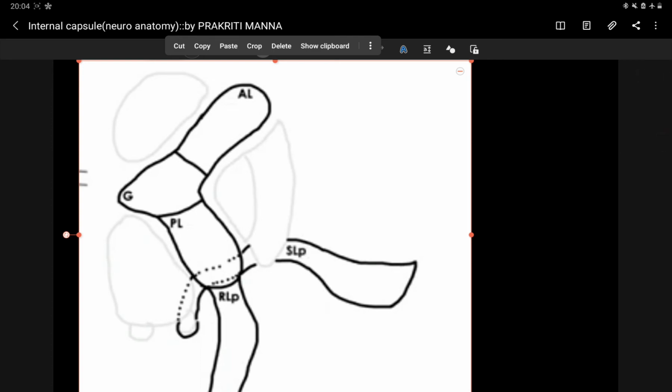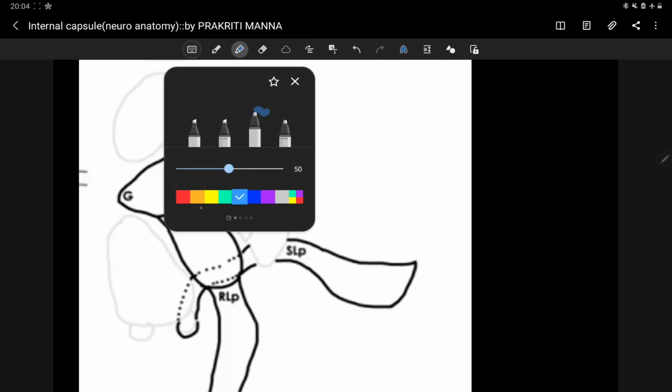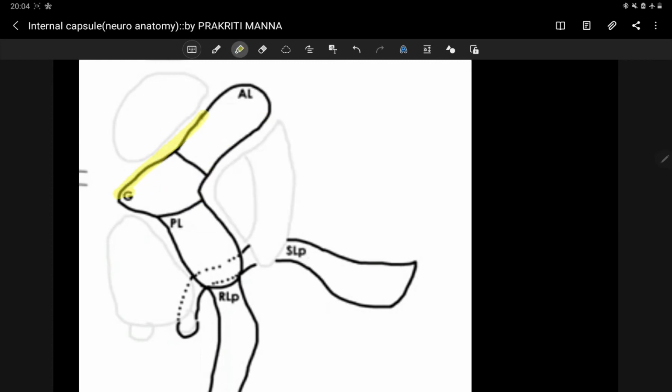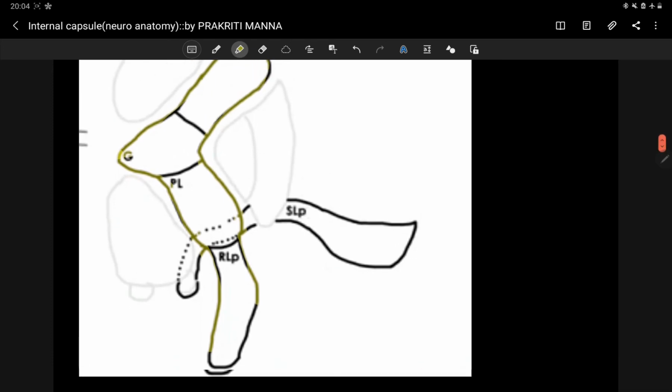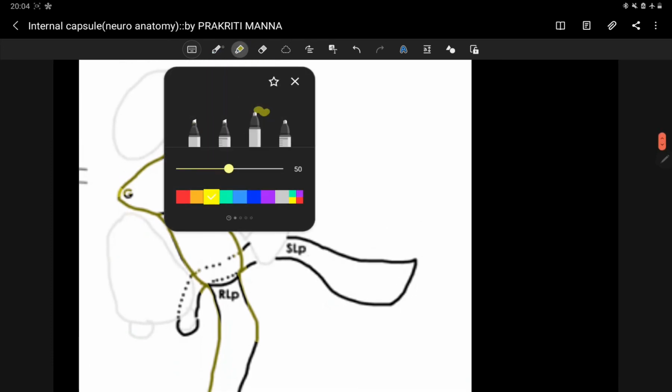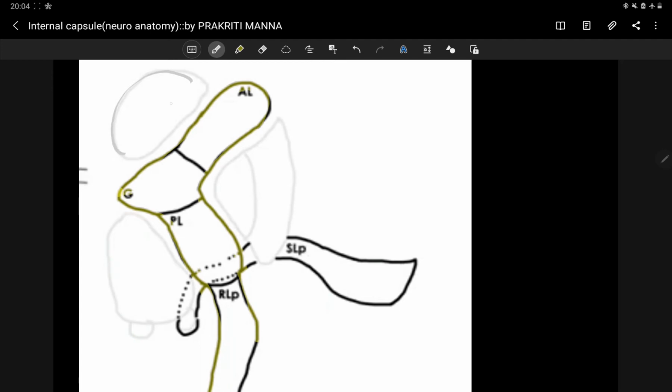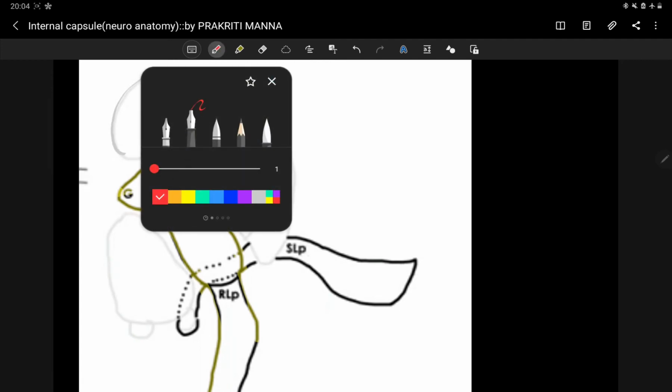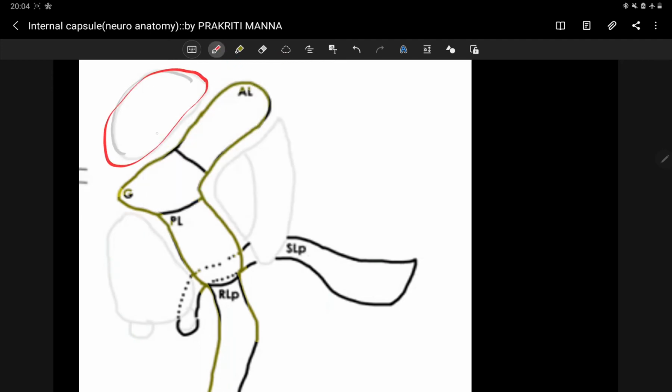Here you can see this is your internal capsule, this much. And this is your caudate nucleus. This is the lentiform nucleus. And this is the thalamus.